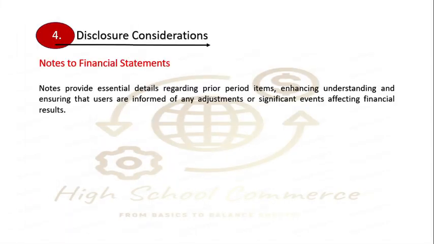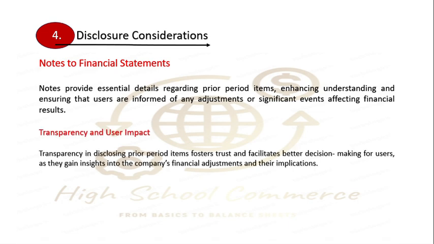Now, disclosure in the notes to the financial statement. We have to give the disclosure of what is the error we have made, why we want to restate, what is its impact, what is the calculation method we are following, and if it is relating to any significant event, that also needs to be disclosed in the notes to the financial statement. The whole purpose of this disclosure in the income statement, balance sheet, notes to the financial statement is to bring transparency to the user of the financial statement.